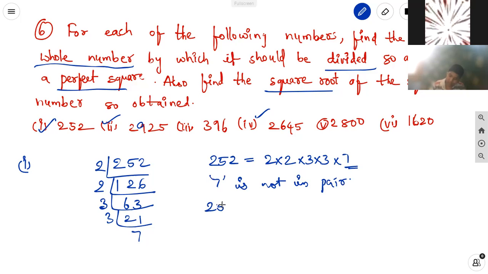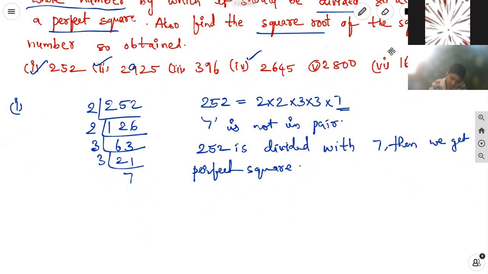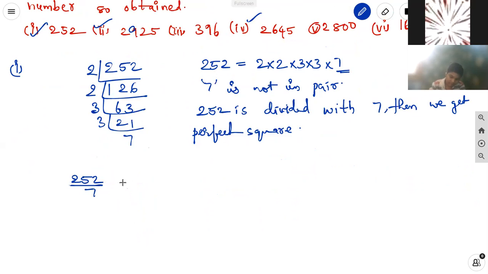So 252 is divided by 7, then we get a perfect square. 252 divided by 7 is equal to 2 into 2 into 3 into 3 into 7 divided by 7. 7 ones are 7, and they get cancelled. 7 3s are 21, 4 is the remainder, 7 6s are 42.